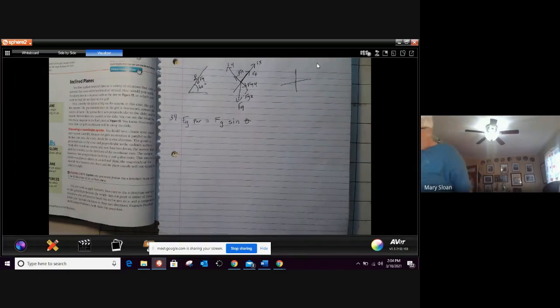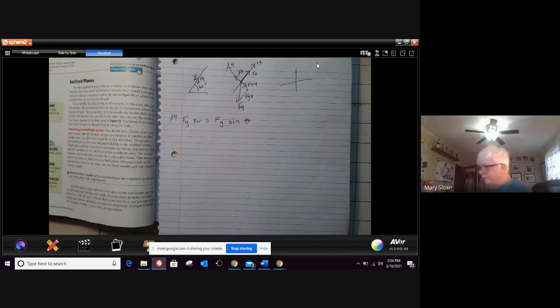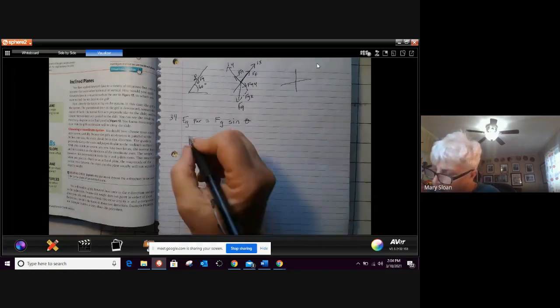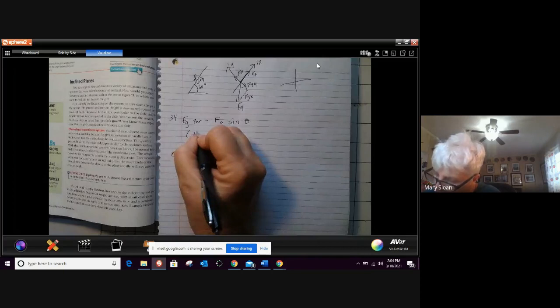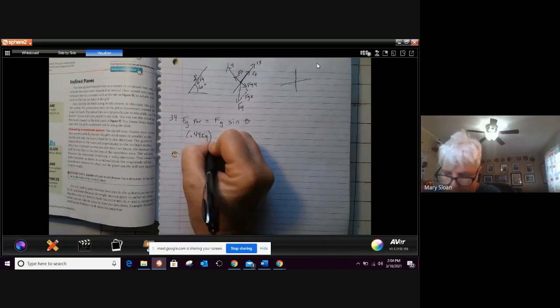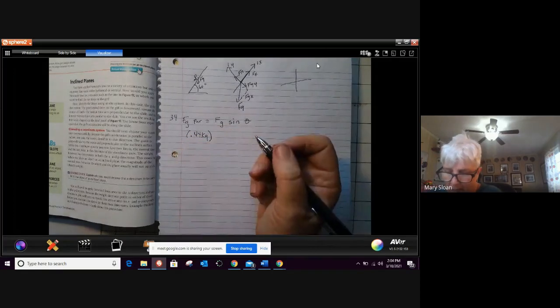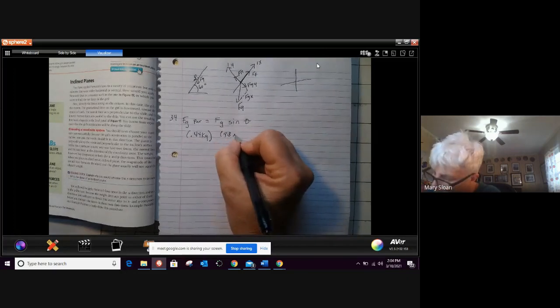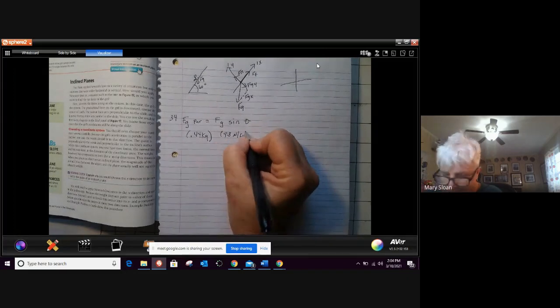And so what we're going to do is plug in our numbers. Now, it tells us that the mass of the cup was 0.44 kilograms. We know that our gravity is 9.8 newtons per kilogram.